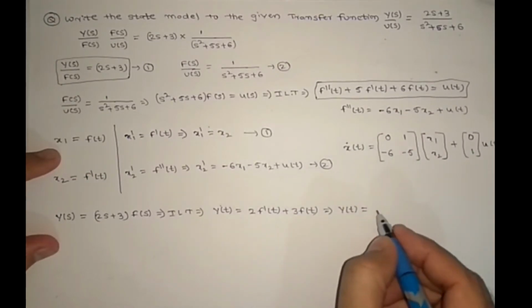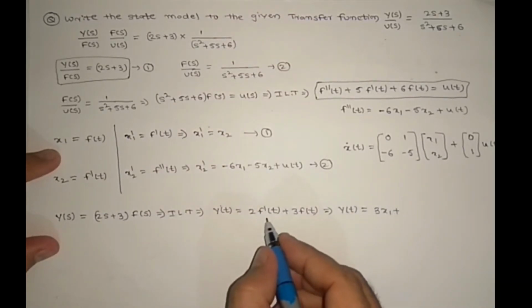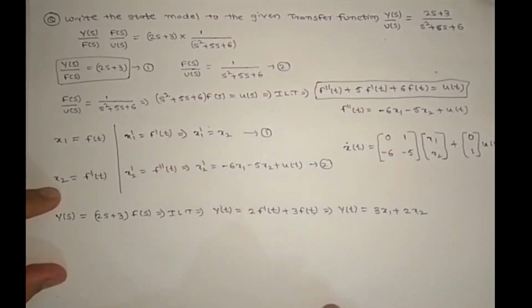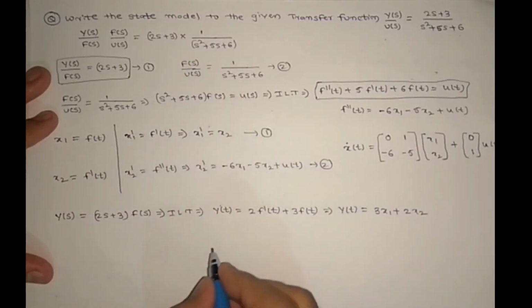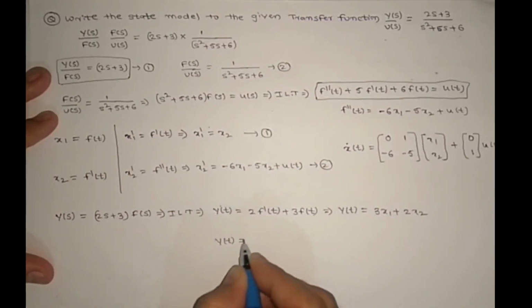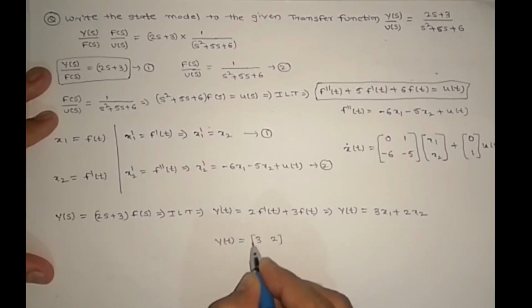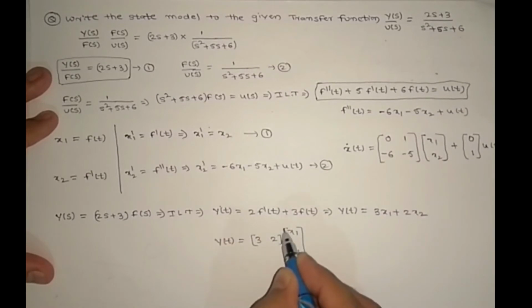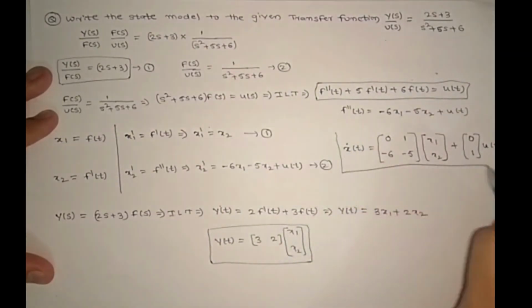So 3 x1 plus 2 f dash of t, which is 2 x2. So y of t equal to 3 2 times x1 x2. So this is the output equation, and this is the state equation.